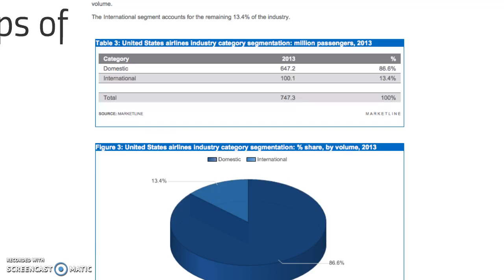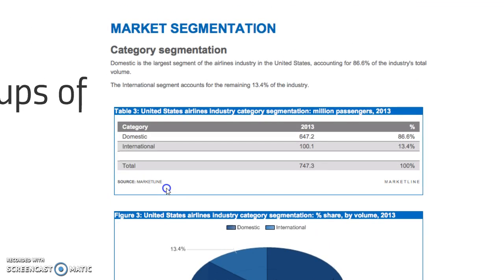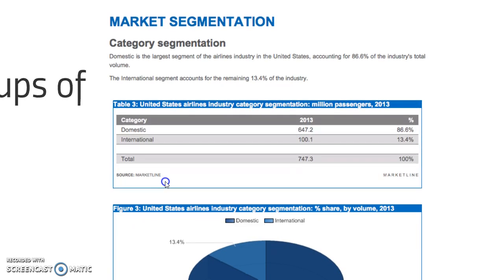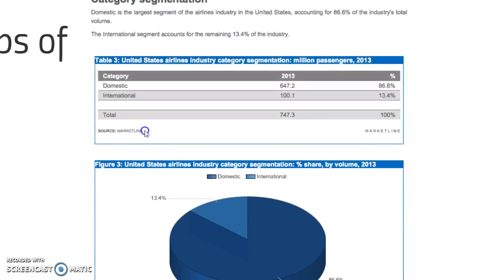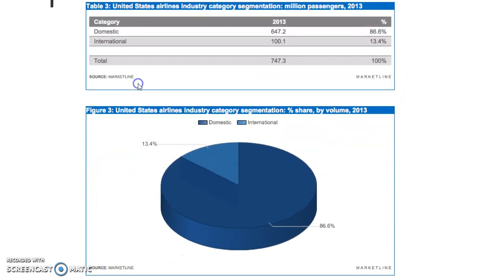Okay. So I need this to be just a little bit larger. So this is a market segmentation image. You can see that the United States airlines industry is segmented, in this particular graphic, into domestic and international flight.